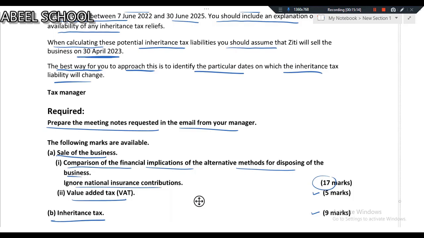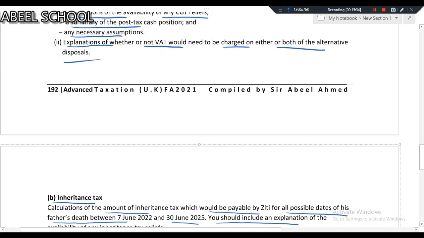We have to sell the business. Actually, there are two options. One is to cease the business on 31st January 2023, and the second is to sell the business on 30th April 2023. Now, students, please listen carefully.